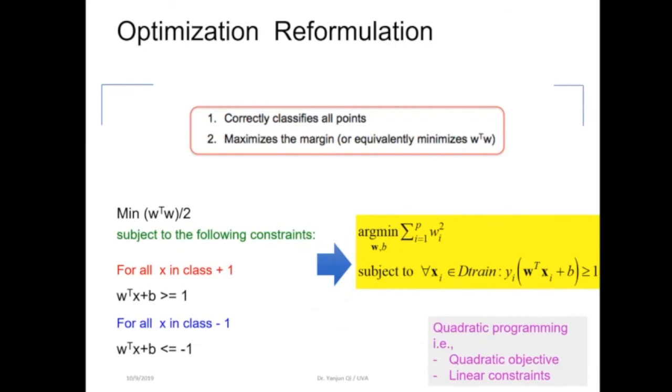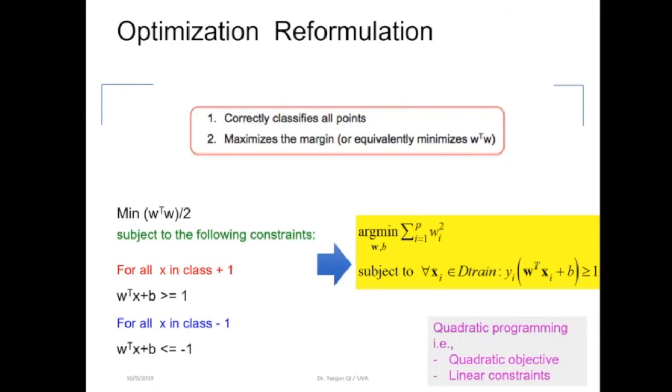And actually, you can directly use a quadratic programming solver to solve this. The reason why I'm saying this is quadratic is because W is your parameter, right? And the objective function is quadratic in Wi. It's a quadratic objective subject to linear constraints.